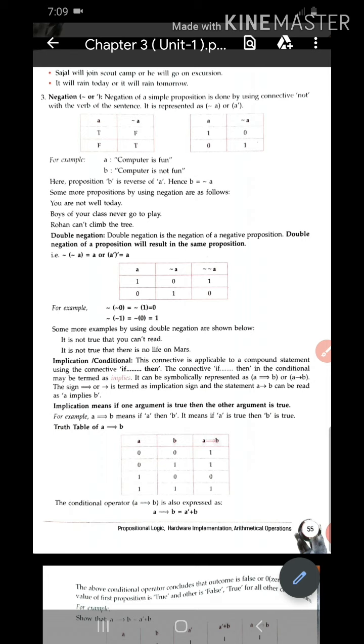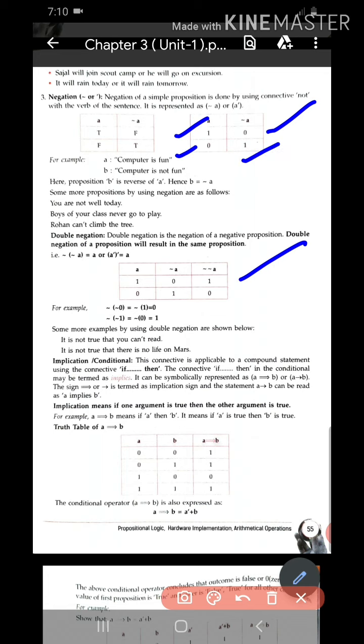In this way, you can create tables also. See, we are having a table also. If you want to create a table, you can create it. Negation means just the opposite of that. Means if we provide 1, then the answer will be 0. If we provide 0, then the answer will be 1. Means if it is true, then we get false. If it is false, then we get true.